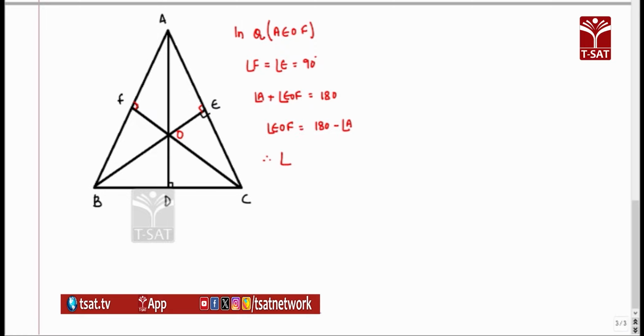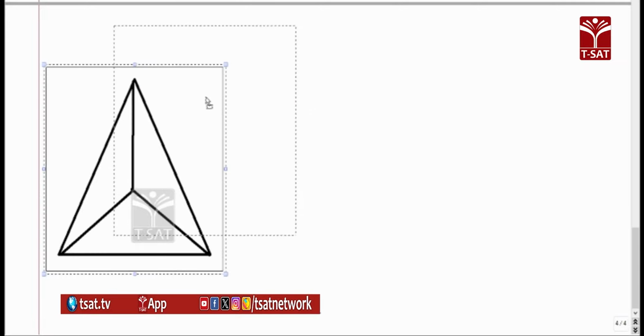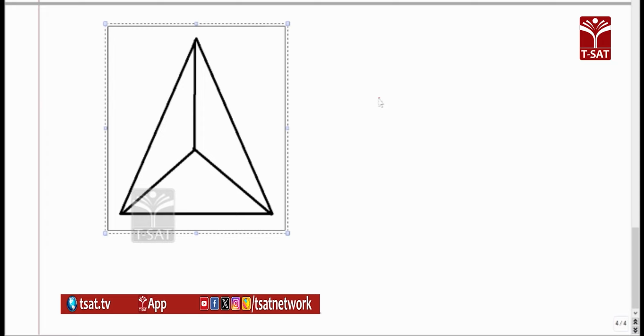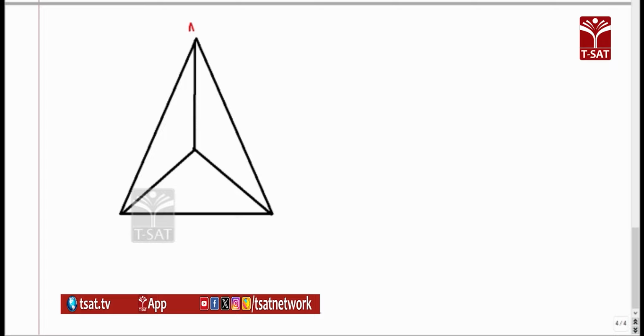Therefore, angle BOC is equal to angle EOF because they are vertically opposite angles. So, if this is angle A, this angle must be 180 minus A. Therefore, angle BOC is equal to angle EOF, 180 minus angle A. So, look at this triangle ABC.